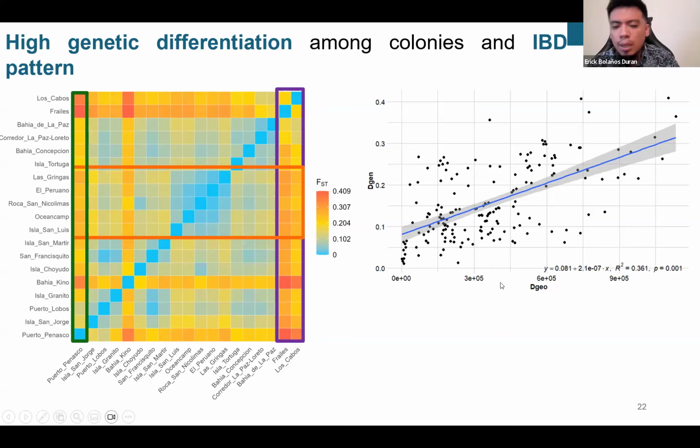On the X axis, we have the geographic Euclidean distances, and on the Y axis the genetic differentiation, and we observe a correlation. So part of the genetic diversity or structure that we observe here is explained by distance.